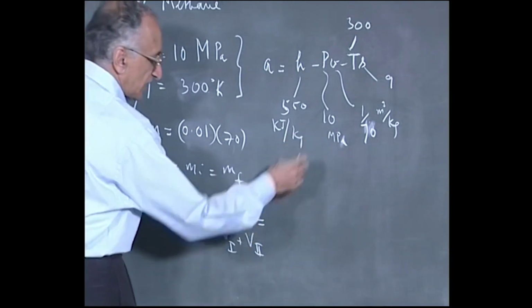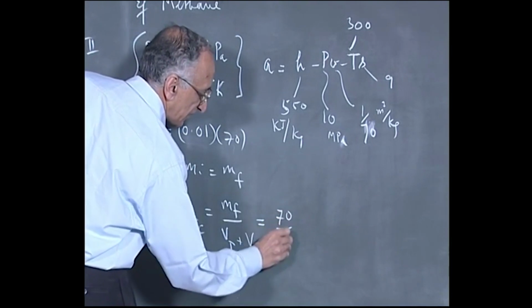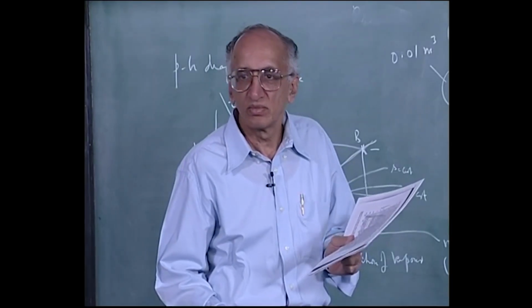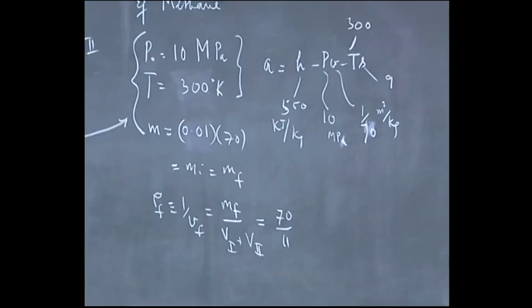So you had already 70, now 70 by 11. You have to find the 70 by 11 curve here, and that is one fixed point. Then you are moving along the isotherm, so along the 300-degree line you locate the second coordinate. 70 by 11 is about 6.